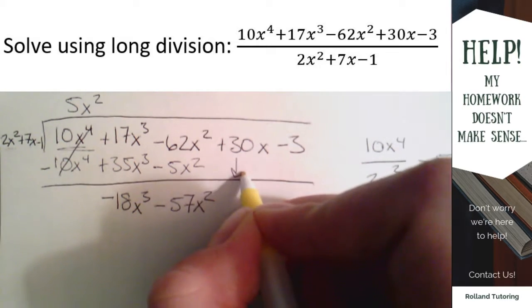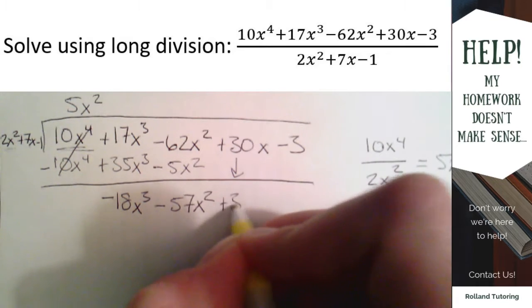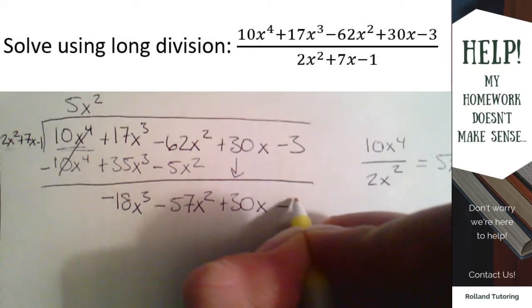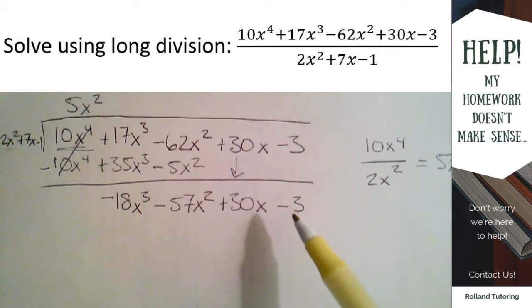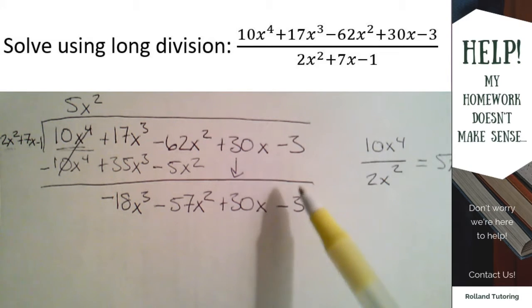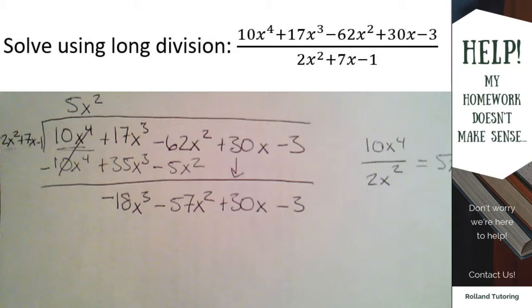And then I carry down this number of plus 30x minus 3. Now I'm bringing down the 3 right away just to make sure I don't forget about it. However, you don't have to bring it down at this point until you reach that number. I just like to carry it down so that I don't forget to include that in my final answer.